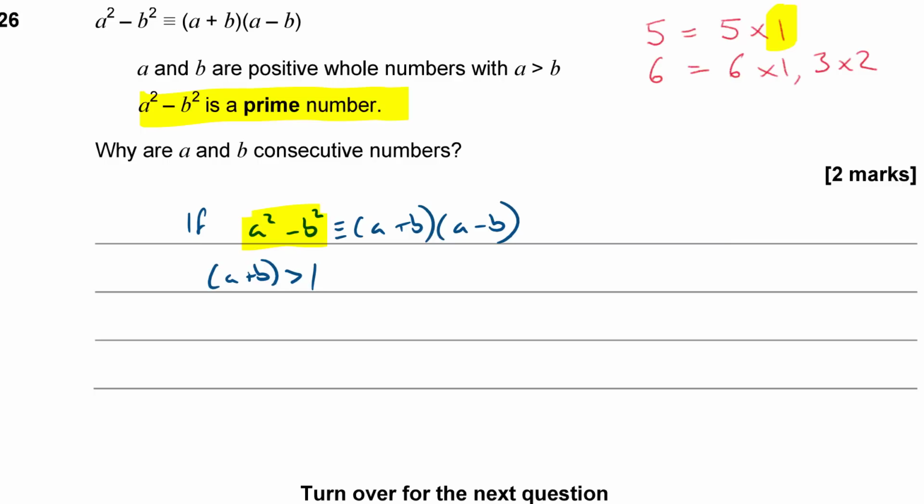So what about the other one? The first part there can't be the 1. That means that a minus b has to be the 1 if it's going to be prime. So a minus b needs to be equal to 1 if a squared minus b squared is a prime.